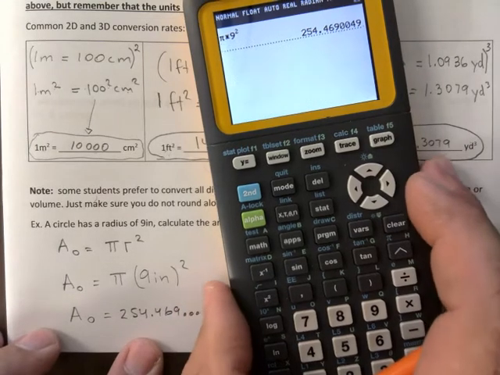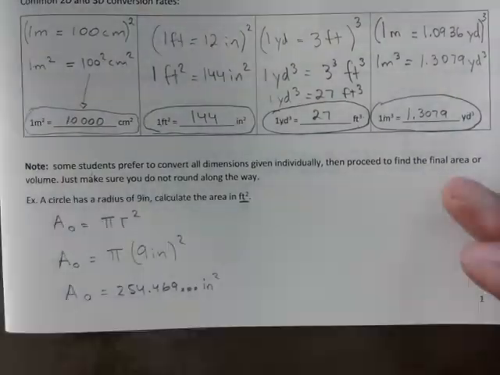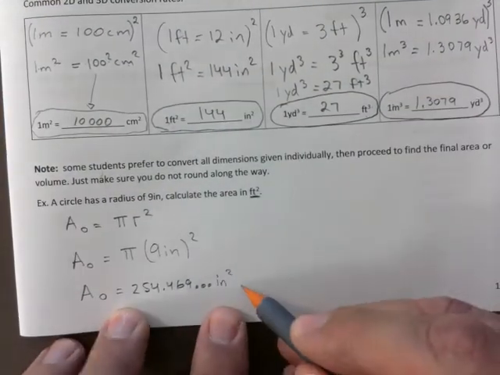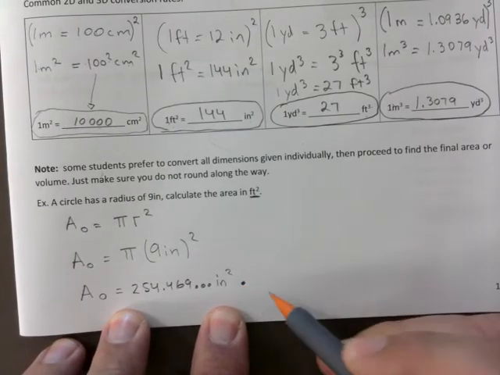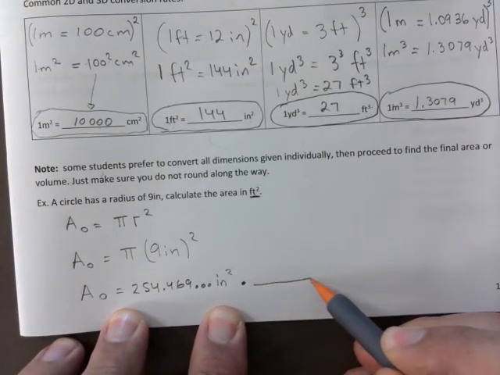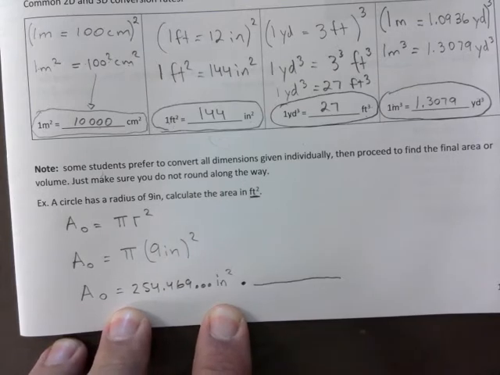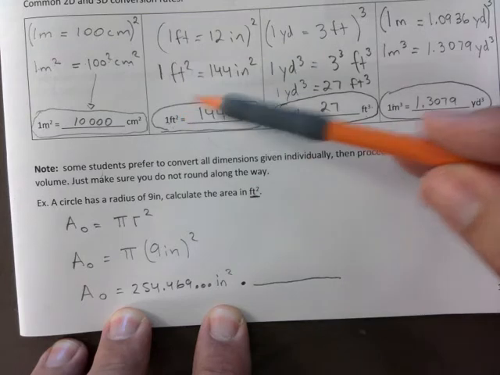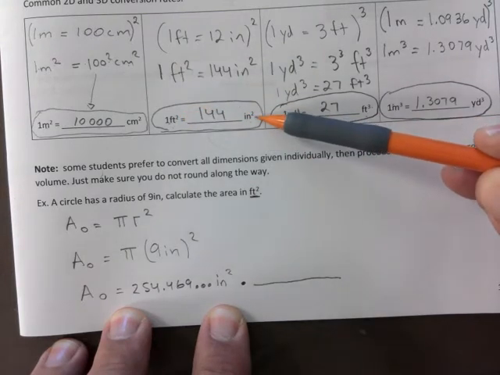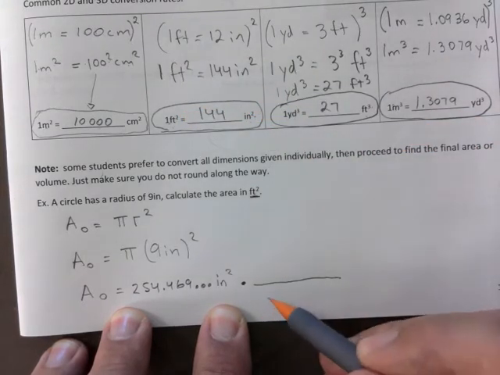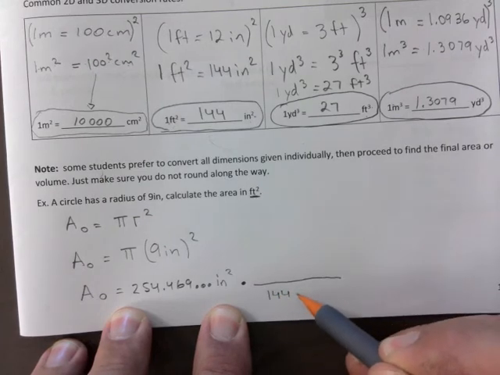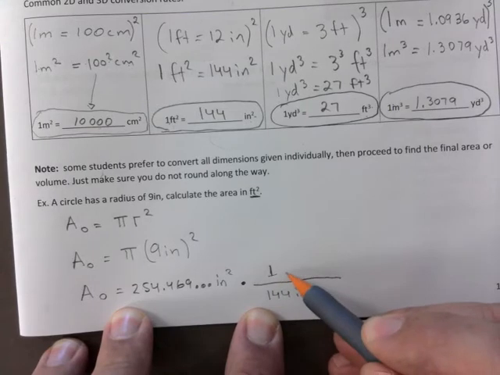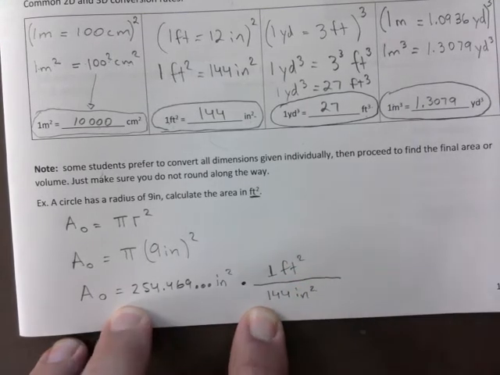Okay, so watch this. I'm going to multiply this by something that I already know. You see this one here? 1 square foot has 144 square inches. I'm going to put the 144 square inches down here and know that that is the equivalent of 1 square foot.